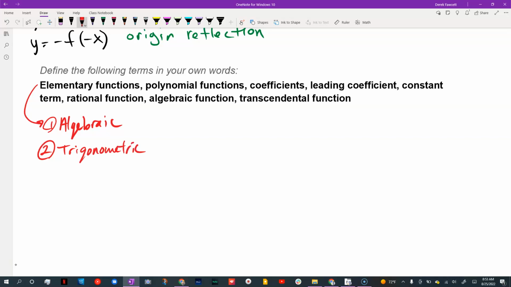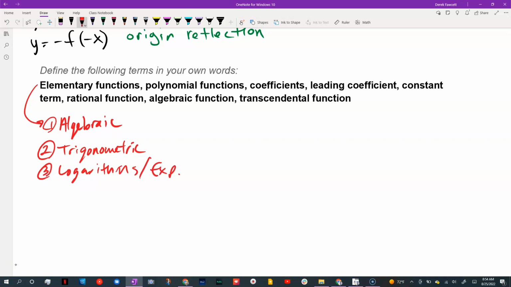And then 3 is exponential or logarithmic. Those are the 3 types of elementary functions.